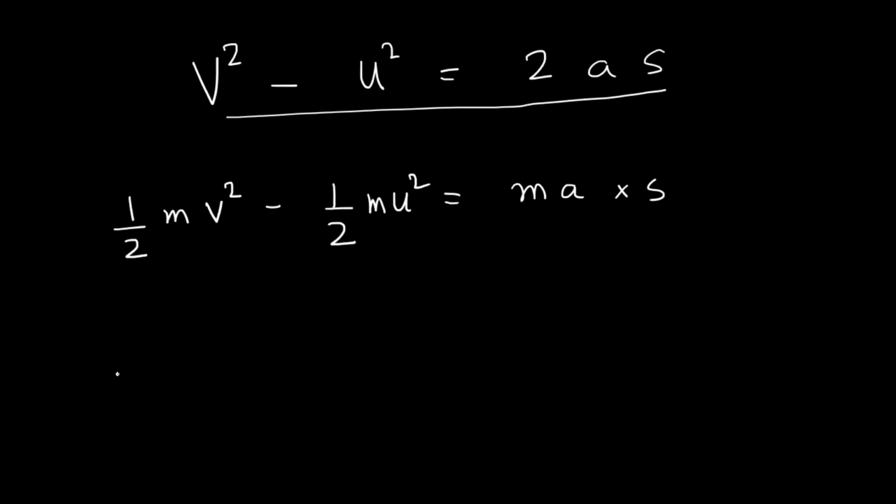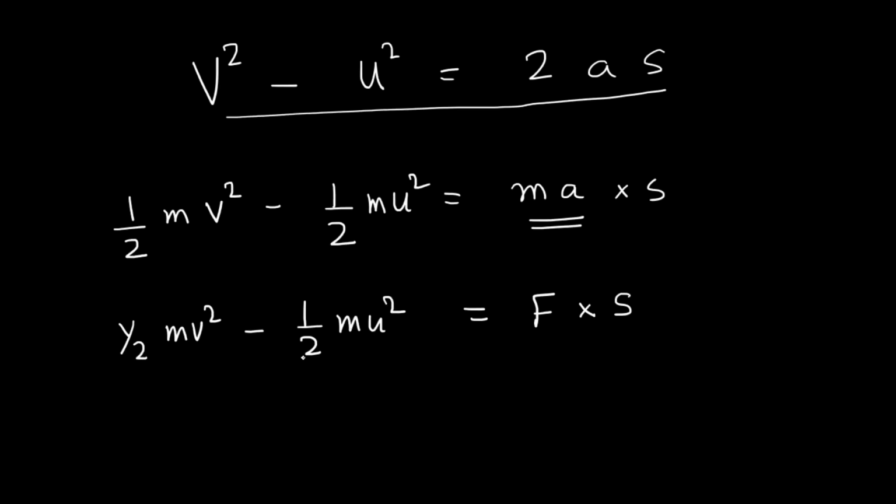Now we'll use Newton's second law and call this force, and what we realize here is force into displacement is equal to final kinetic energy minus initial kinetic energy. So basically we've defined this as something called kinetic energy.